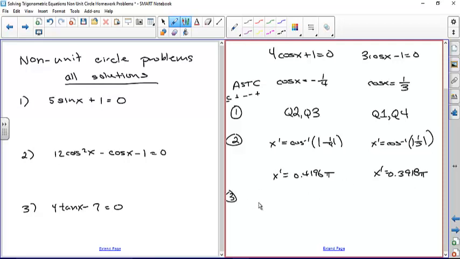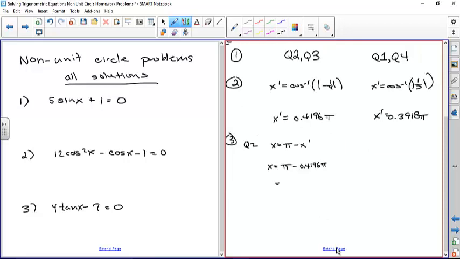And so my second quadrant solution, x, is going to be pi minus my reference angle. So that's pi minus 0.4196 pi. And so if I take 1 minus 0.4196, I'll get 0.5804 pi.